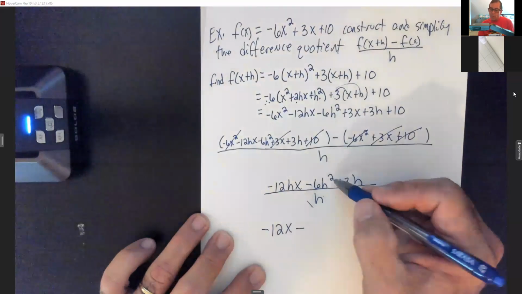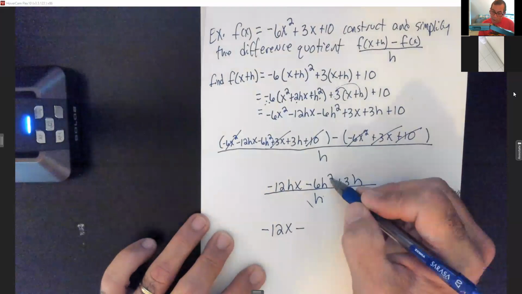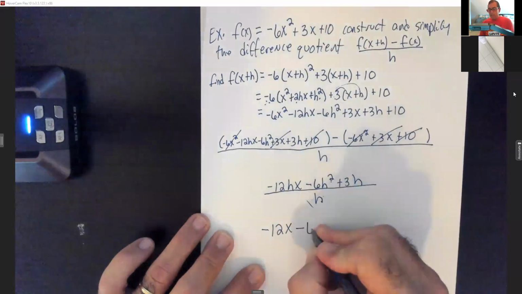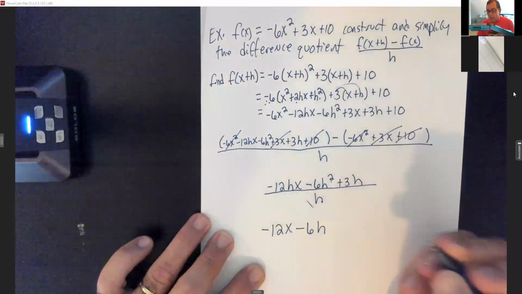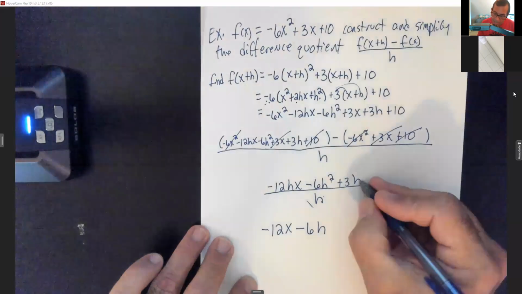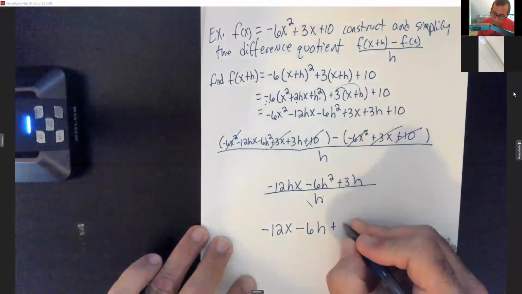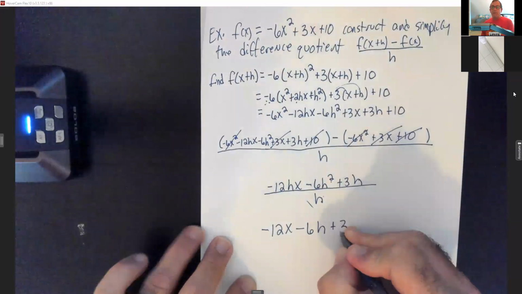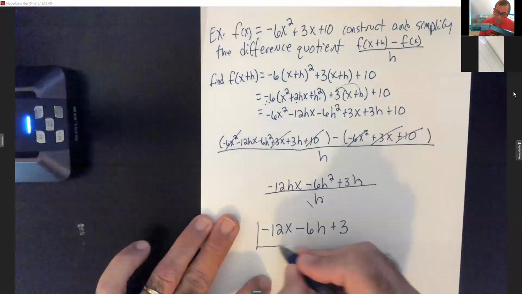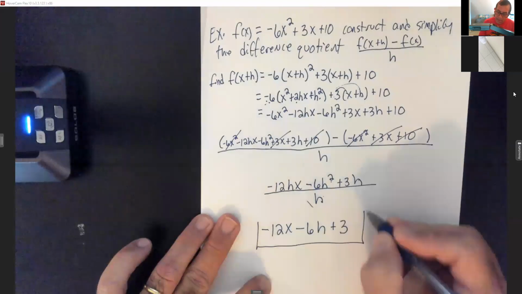One of these h's will cancel, leaving me 1. So that's going to be minus 6h. So basically, you're just taking away 1h on the top. And then you got a 3h divided by h. H's cancel. All that's left is 3. And y'all, none of these are like terms. So that would be my final answer.